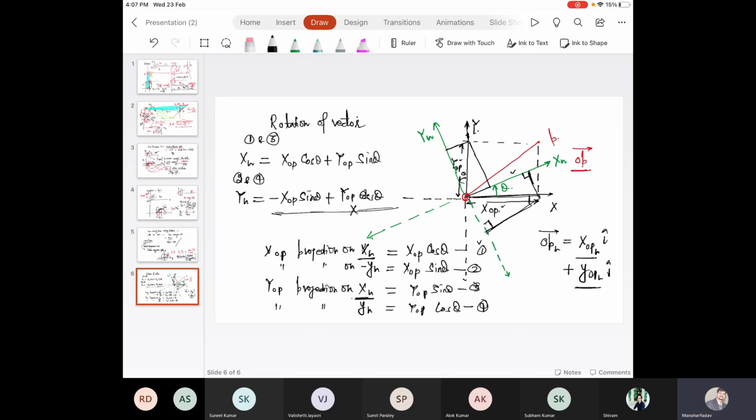Do the similar calculation by changing the axis about which we are doing the rotation. Now you select x-axis as a rotational axis and y-axis as a rotational axis and do the same derivation. I will discuss with you.